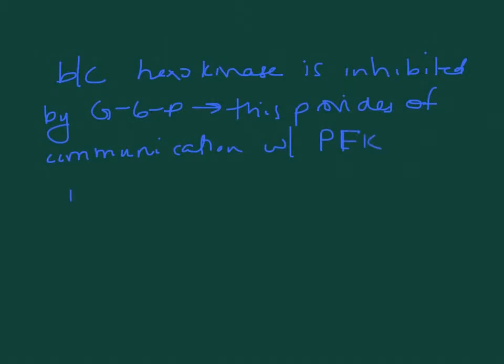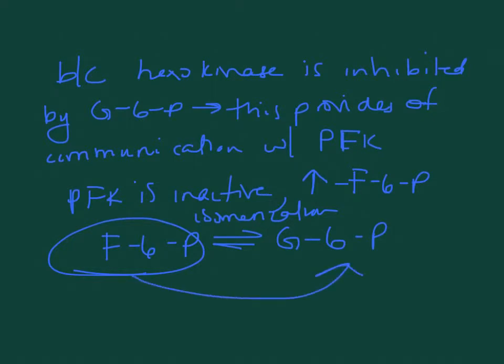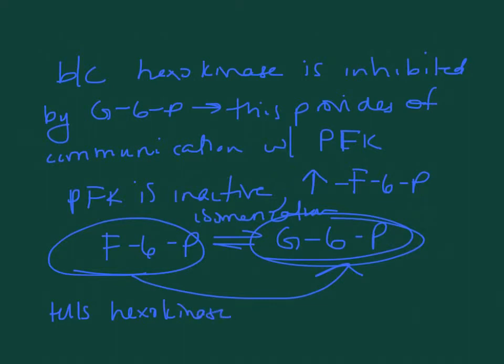Now, when PFK is inactive, then we have an increase in fructose 6-phosphate. This isomerization, I should say, is in equilibrium. So as the fructose 6-phosphate concentration increases, then the equilibrium will shift to make more glucose 6-phosphate. So this tells hexokinase to slow down.